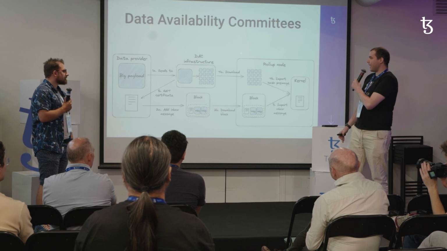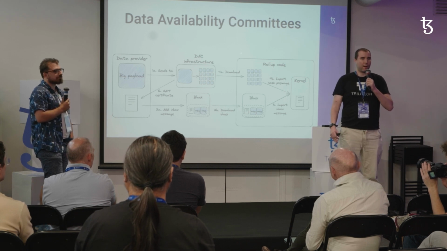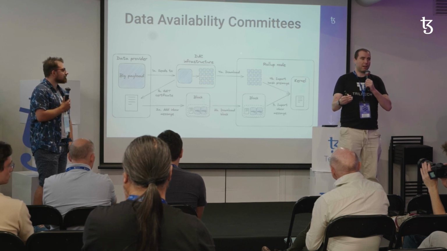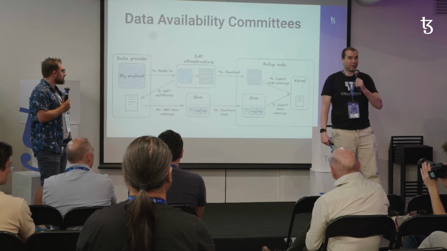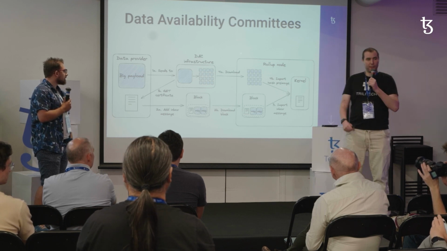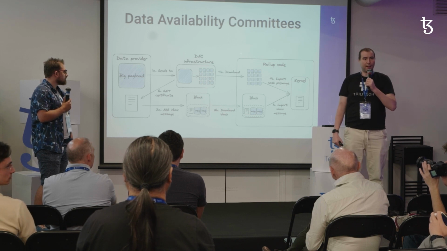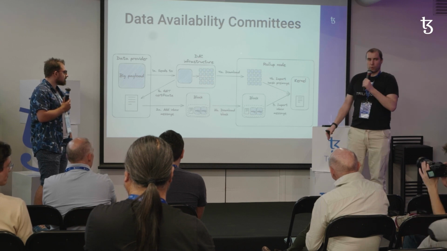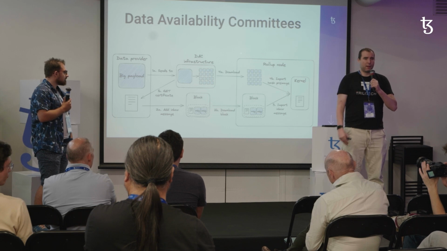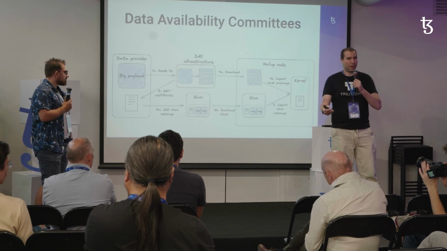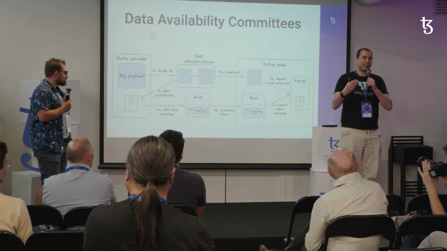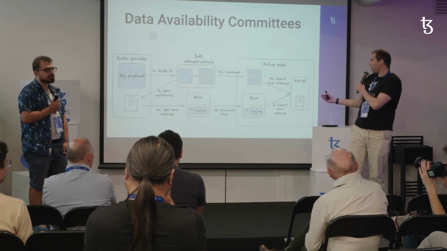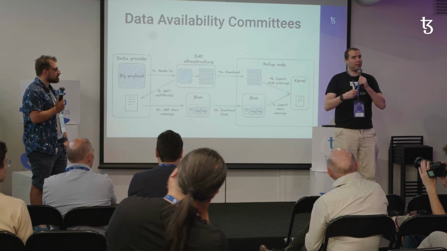And this payload is actually sent to a DAC infrastructure, where the data availability committee members will download the data, and they will sign a proof of availability, and they will return a certificate that is quite small in size, and this can now be sent through the global rollup inbox for the rollup node to eventually download the block and give the certificate to the rollup kernel. The rollup kernel will validate the certificate and say, oh, there is some data from the data availability committee that I can download. And it will request the rollup node to actually download the data, and it will start processing it.